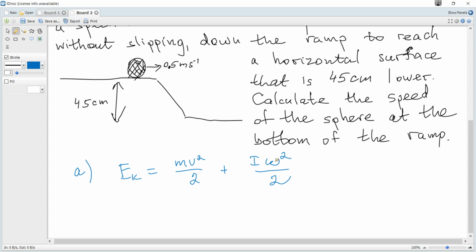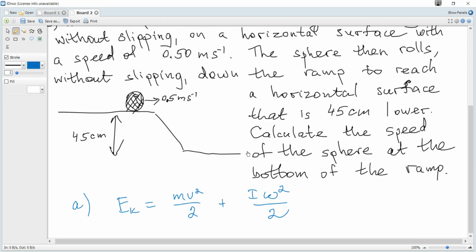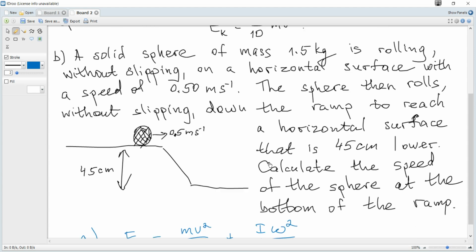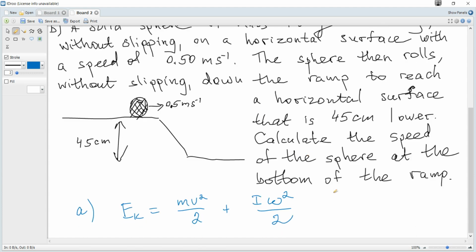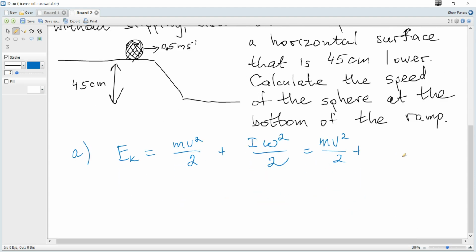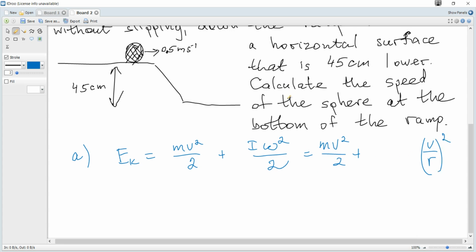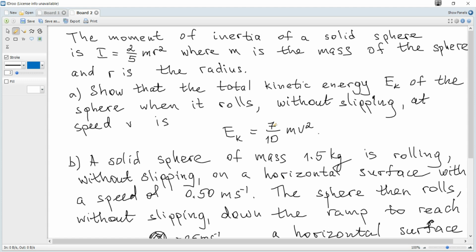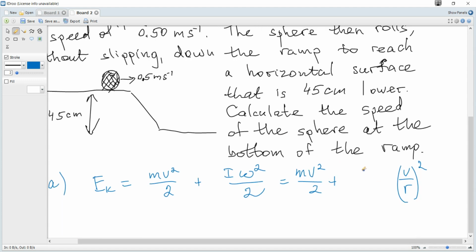We need to get rid of omega to rewrite it in terms of the usual, or linear, speed. We know that omega is v over radius, and we can substitute the expression for I, which is 2 over 5 mr squared.